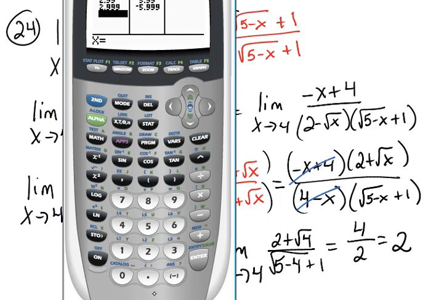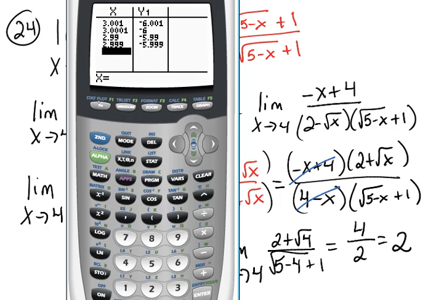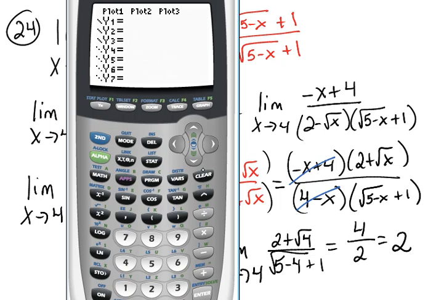Remember, you can confirm these with your graphing calculator. If you go to y equals and type in your numerator and denominator, so this is the square root of 5 minus x, close parentheses, minus 1, and then you're going to divide that.